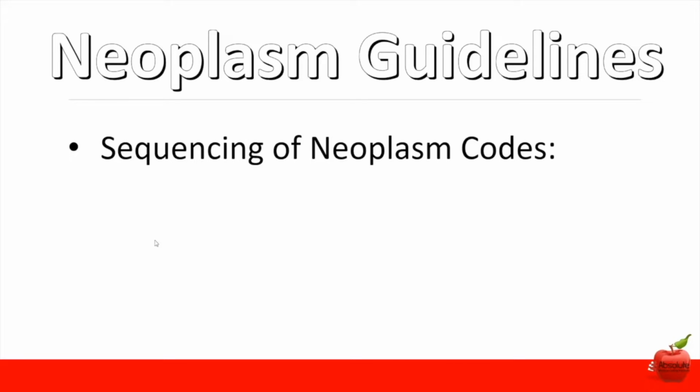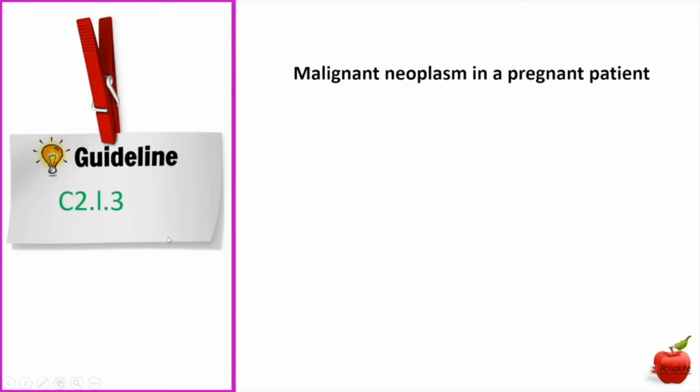So next we will be reviewing the sequencing of neoplasm codes, and the guideline C2.I.3, which is for malignant neoplasm in a pregnant patient. When a pregnant patient has a malignant neoplasm, a code from subcategory O9A.1, malignant neoplasm complicating pregnancy, childbirth, and puerperium, should be sequenced first, followed by the appropriate code from chapter 2 to indicate the type of neoplasm.